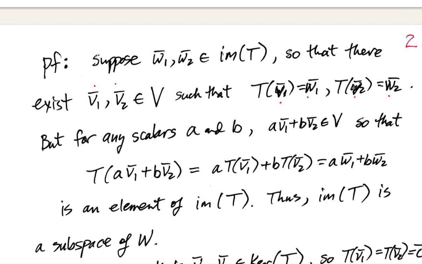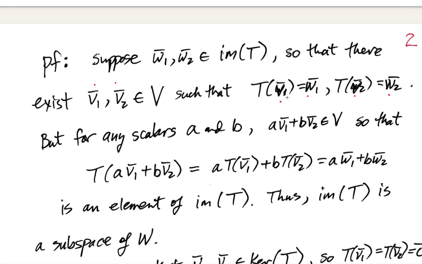Those are kind of sloppy there, but that's because I had them turned around originally. But anyways, these are the pre-image vectors. We're not necessarily saying they're unique or anything like that. We're not saying this is one-to-one or anything. It doesn't matter.